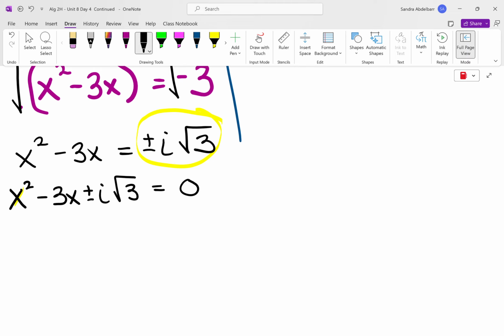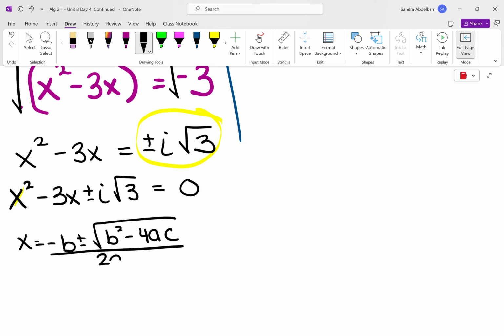Since I'm not going to be able to factor it, but it is a quadratic because the degree of the polynomial is 2, what can I use? The quadratic equation. So for the quadratic equation, I know x is equal to negative b plus or minus the root of b squared minus 4ac all over 2a.